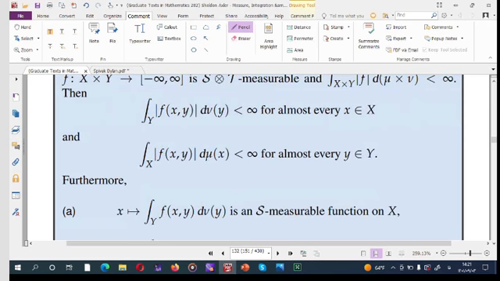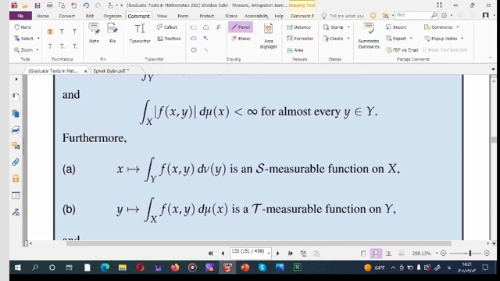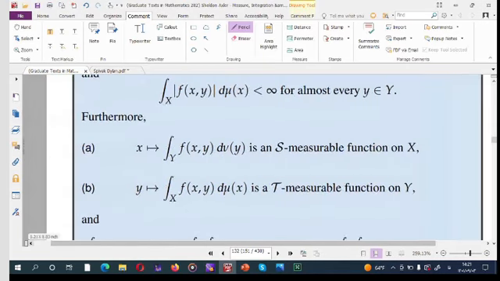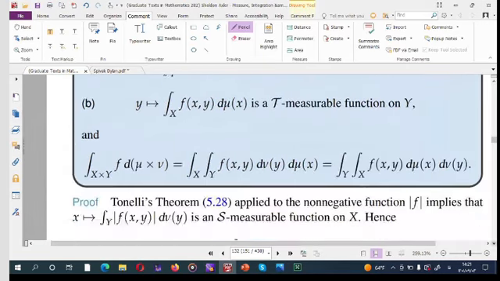Furthermore, this function is measurable because we can define this almost everywhere. And also this is a real number for almost everywhere. These two functions are S measurable and T measurable respectively, and we have this equality too.